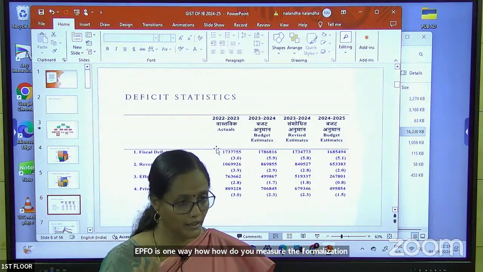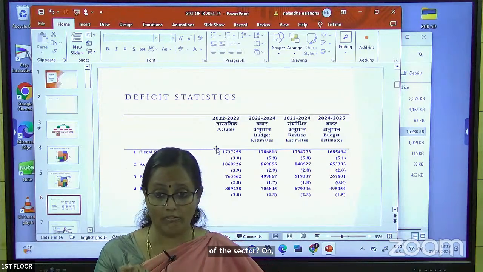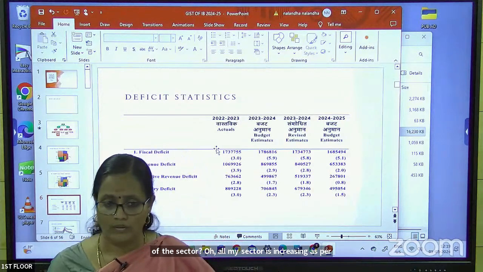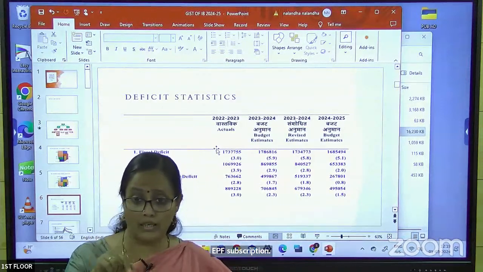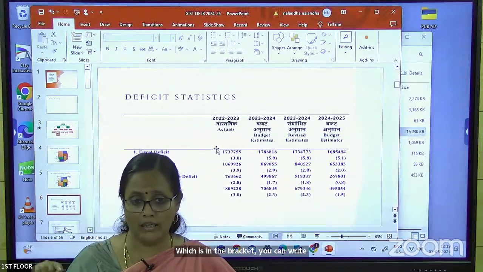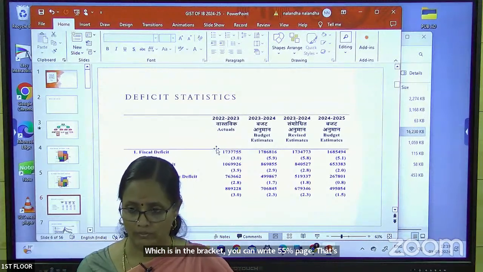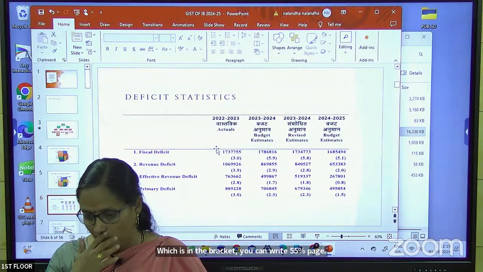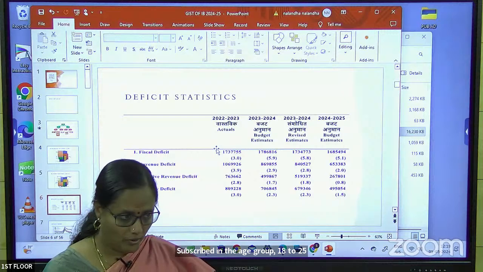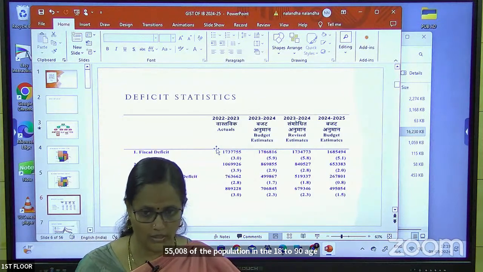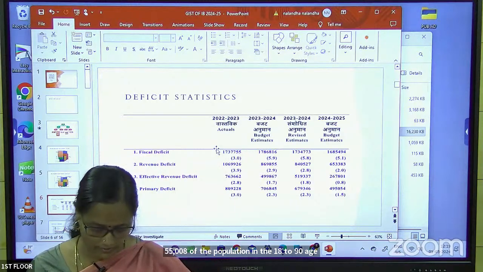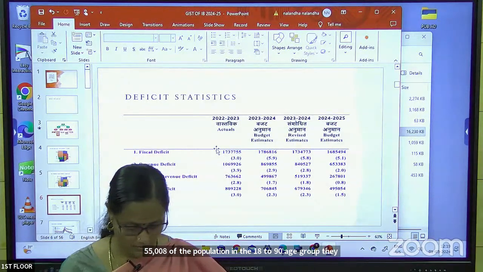In the bracket you can write 55% subscribed in the age group 18 to 25, which means formalization is increasing.